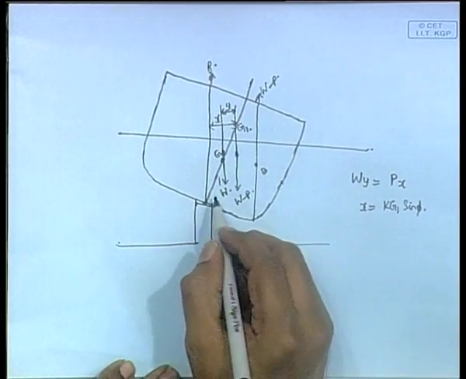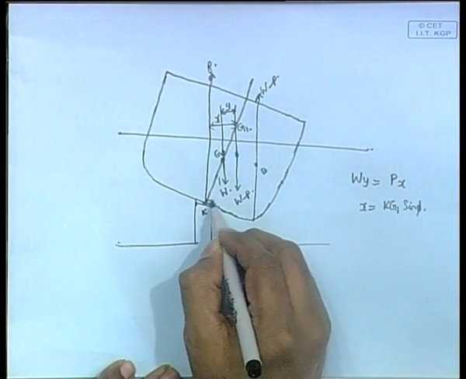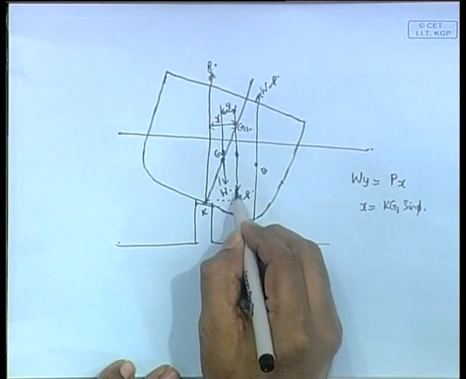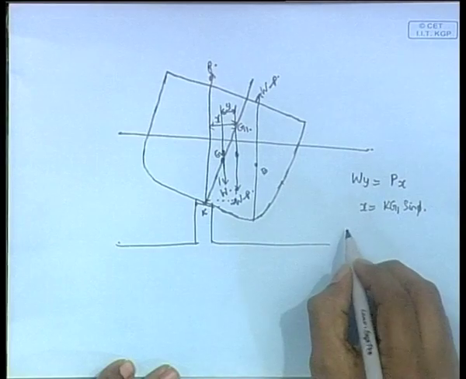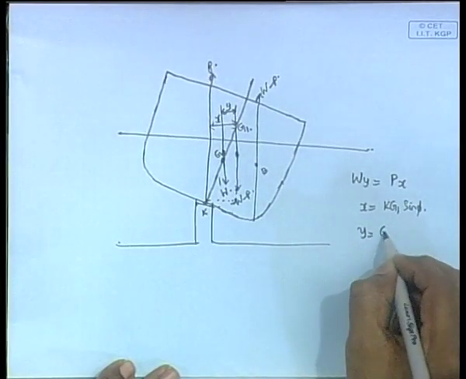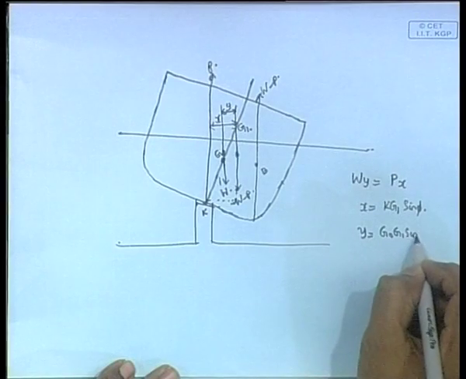You have to make these triangles, this is K, you make this full triangle. Look at this triangle, you will get KG sin phi, and y becomes G0G1 sin phi.